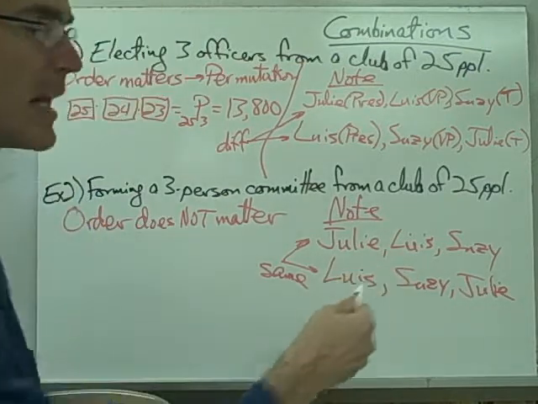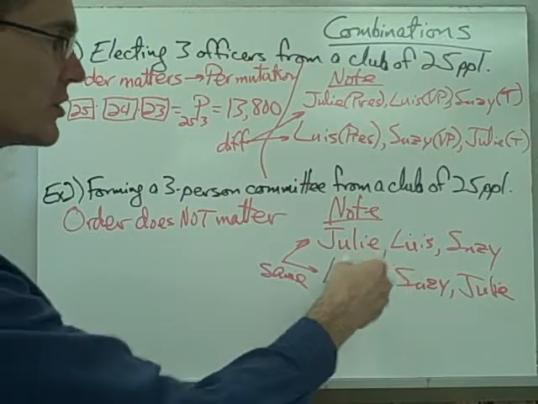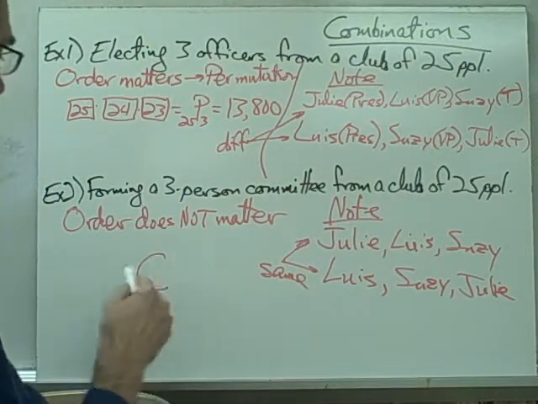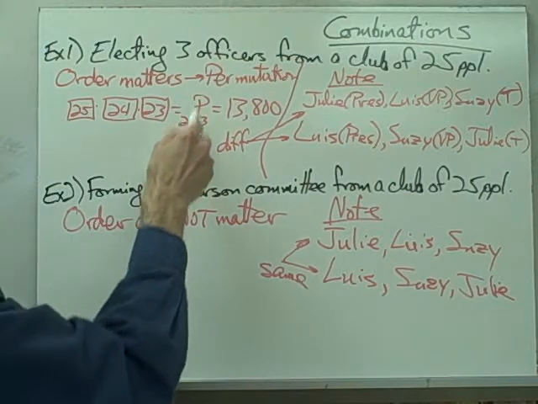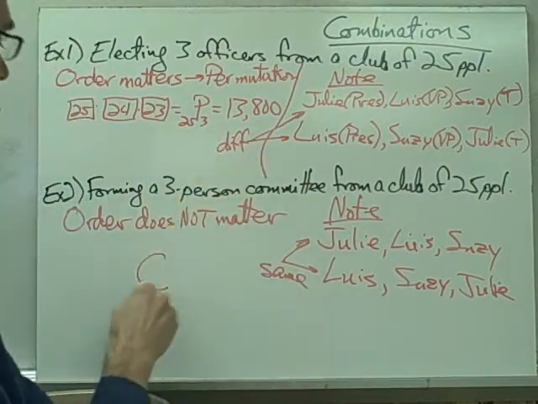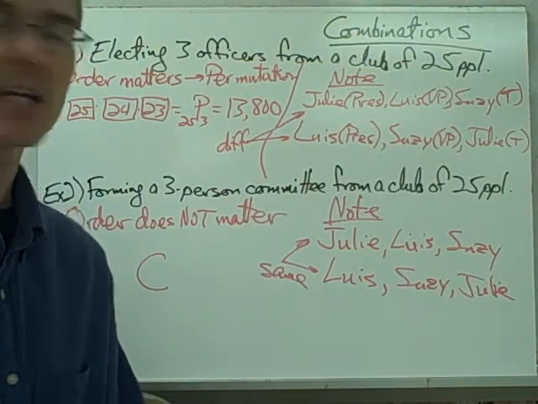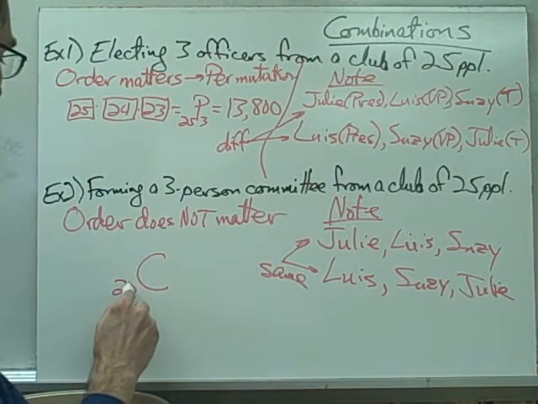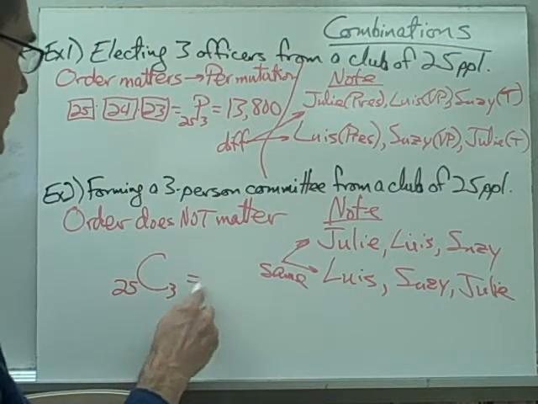And to count the number of combinations of 3 people from a club of 25, it happens differently. Whereas up here we used the permutations function to calculate this number, here there's a combinations operator. So we would calculate the number of combinations of 25 people taken 3 at a time.